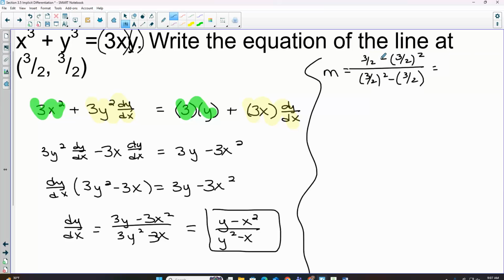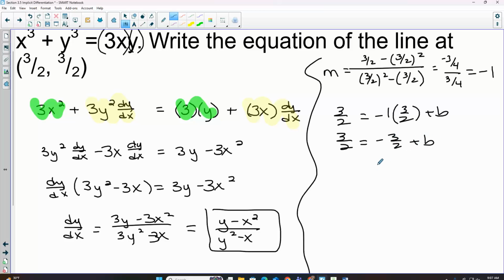So we should get -3/4 over 3/4, so we get -1. Plug into y equals mx plus b. Add that over, I get 6/2 over 3, so the y-intercept is 3. So our tangent line is -x plus 3.